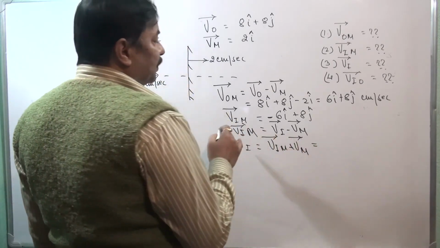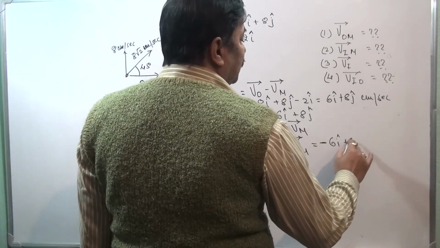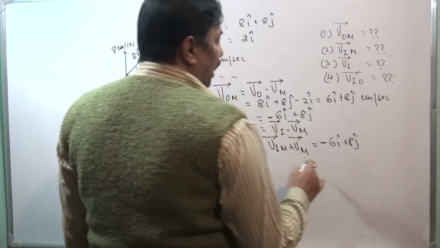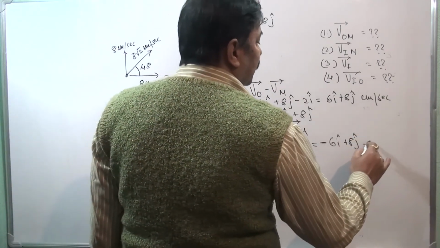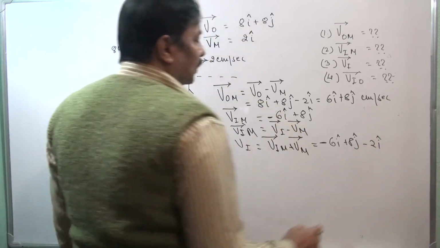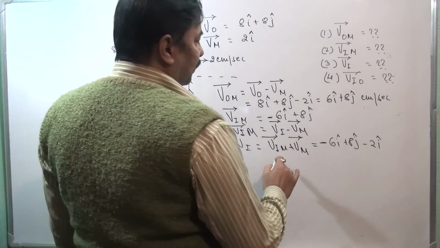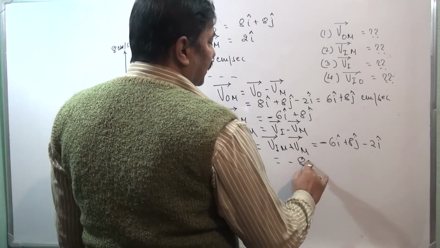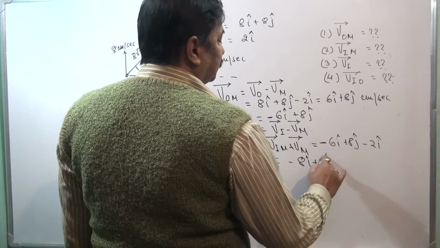VIM is how much? Minus 6i plus 8j. And VM is how much? VM is 2i, so minus 2i. That means it is giving you minus 8i plus 8j.